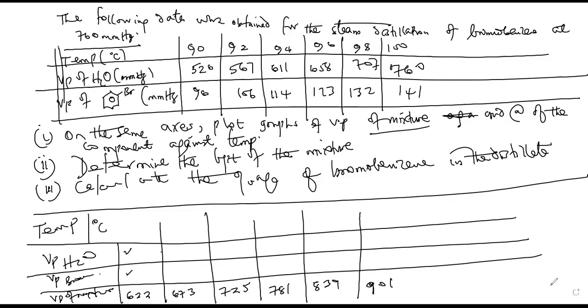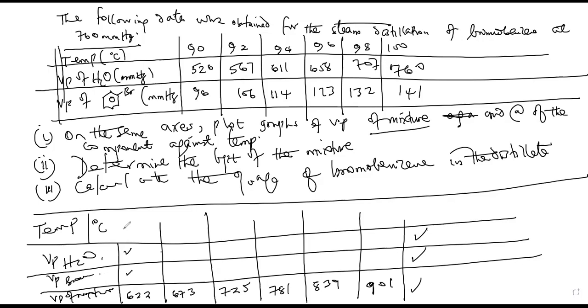Now, after doing this, here you've gotten the vapor pressures of water and of bromobenzene. So after doing this, we go ahead now to plot. We shall plot for the mixture, we plot for bromobenzene, we plot for water, and everything against the temperature.